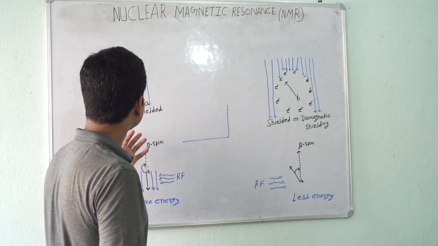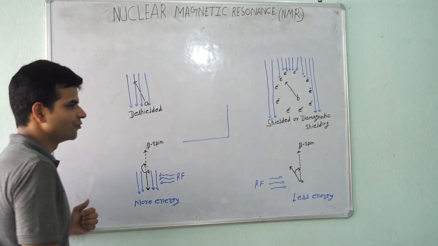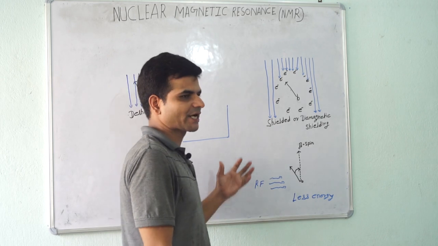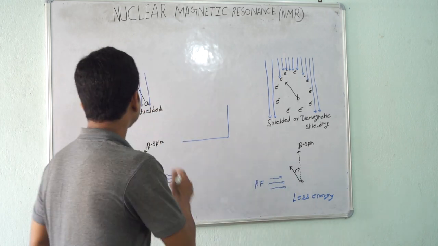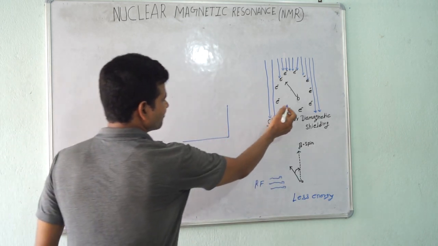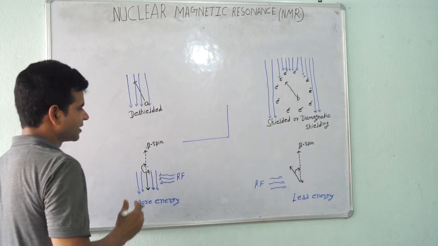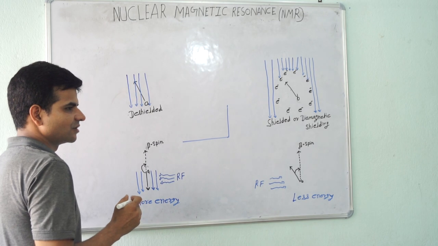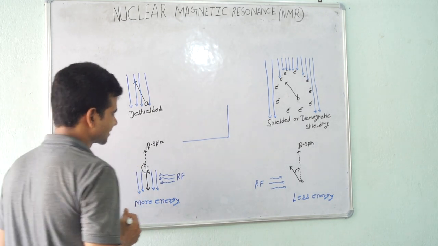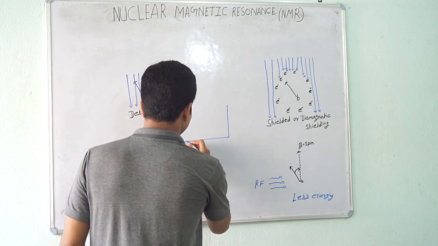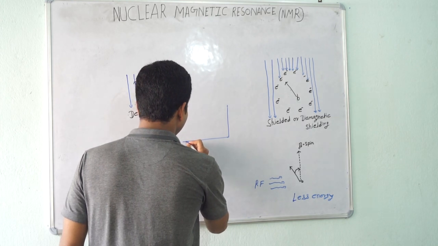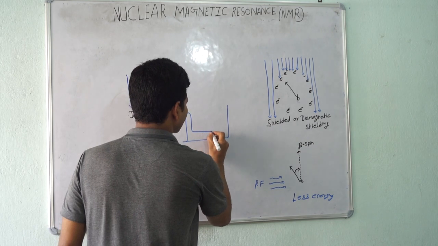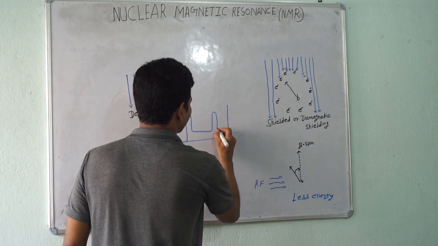But if you think about this molecule, we have taken a molecule which has 2 types of hydrogen atoms. One is hydrogen atom A and one is hydrogen atom B. Therefore, here the NMR graph will generate 2 types of signals or peaks, like this.